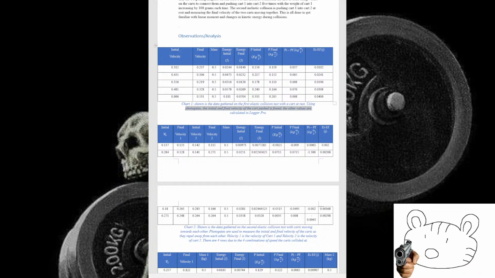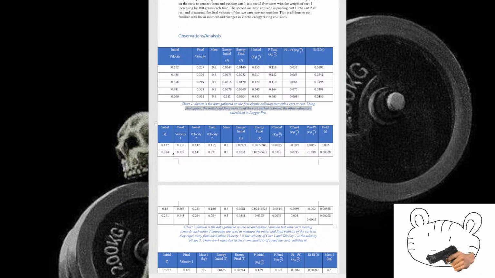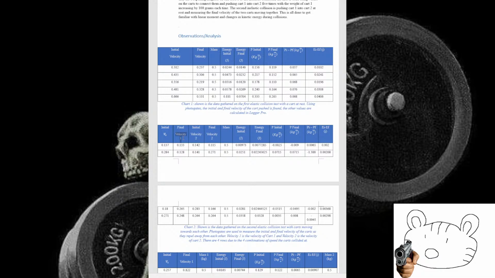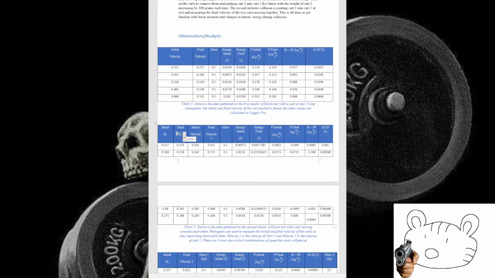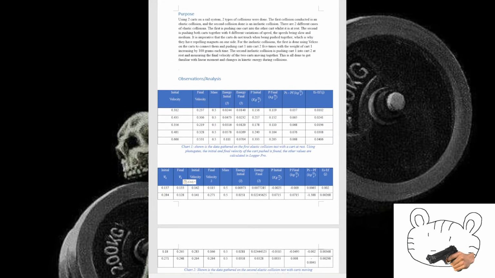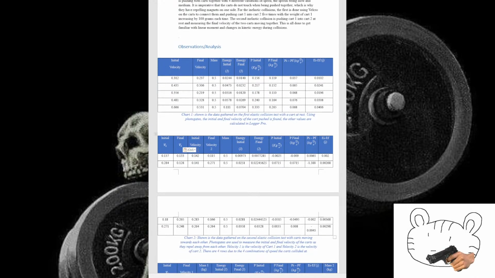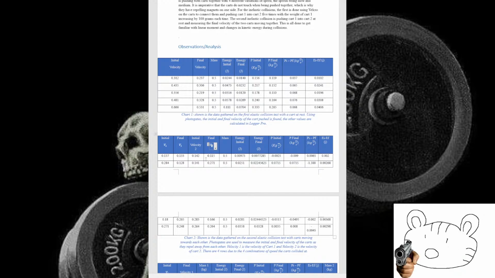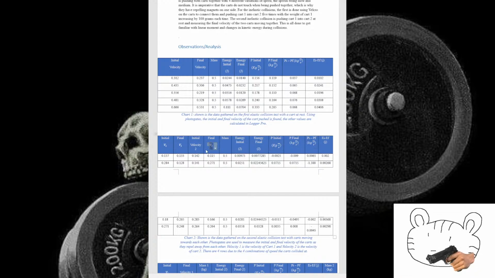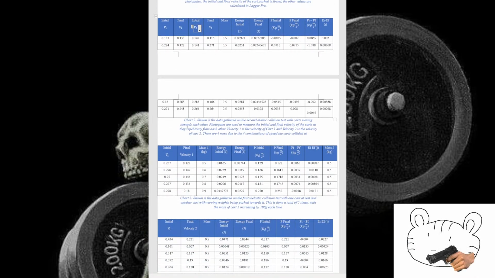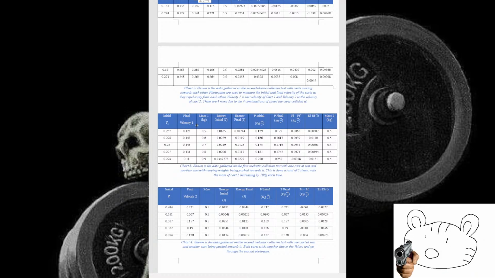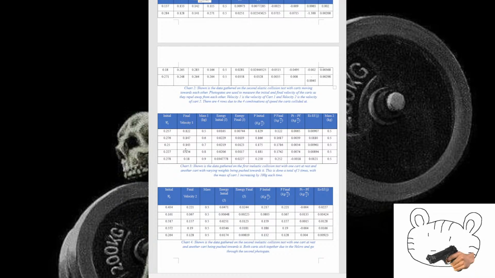You could probably put V or velocity, it doesn't matter, depending on what they want you to do. So everywhere that says V1, we're going to change to V, and we'll do the same for this. Final velocity, we're going to leave that.